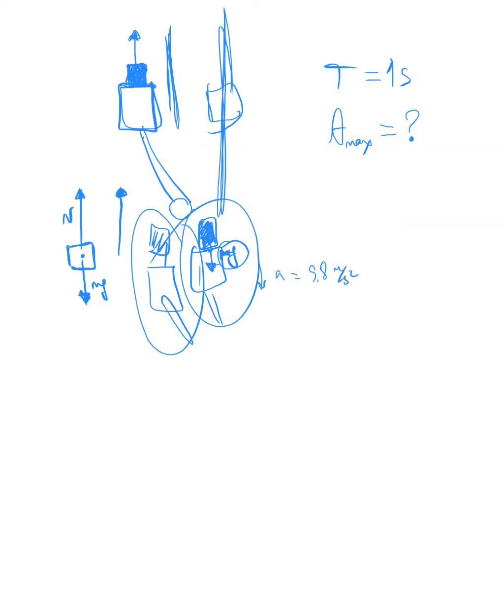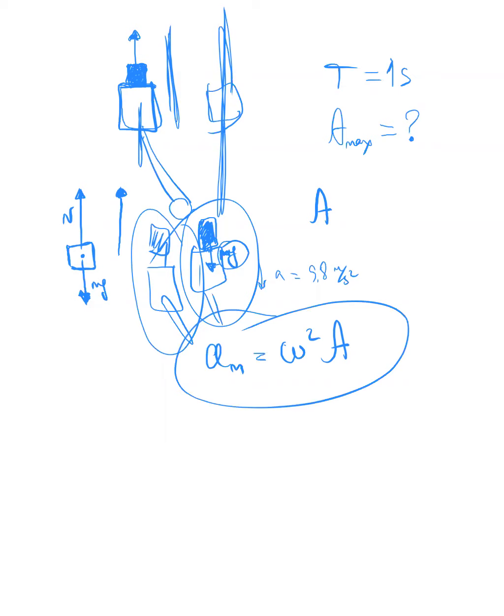Basically what we're looking for is the amplitude of this motion that will make the maximum acceleration of the piston exactly equal to 9.8. If you look at the slides, the maximum acceleration for a simple harmonic motion is omega squared times A. This is the maximum acceleration.